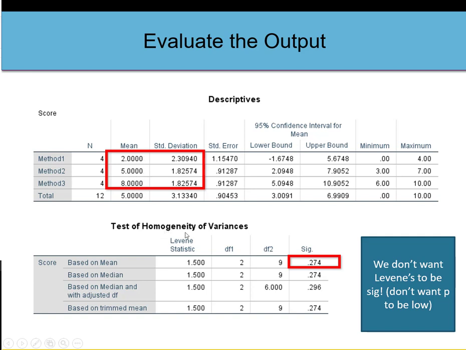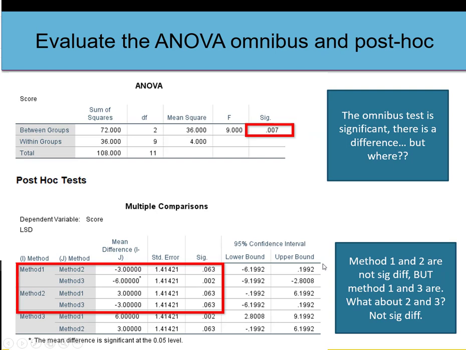For the test of homogeneity of variance, the Levene statistic, remember, we don't want Levene's to be significant, so we don't want the p to be low. Here it's not, so we can say that before we did anything, these groups were roughly equivalent. Then we look to the ANOVA source table.